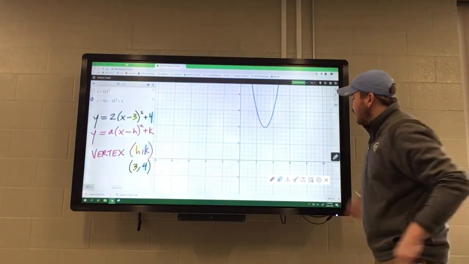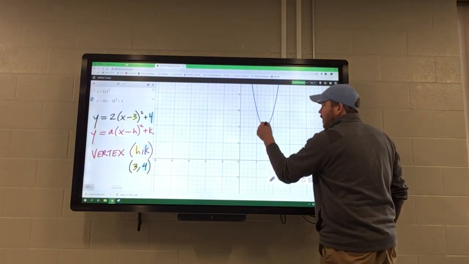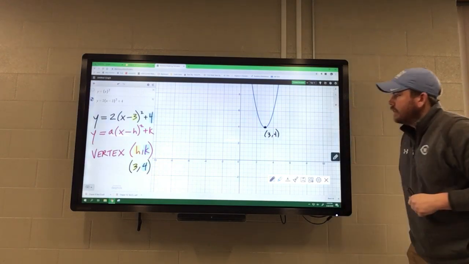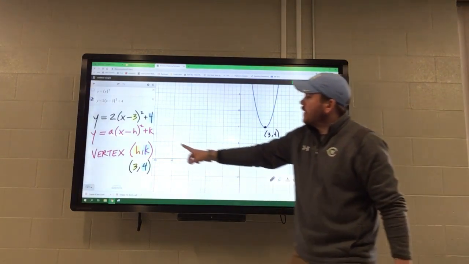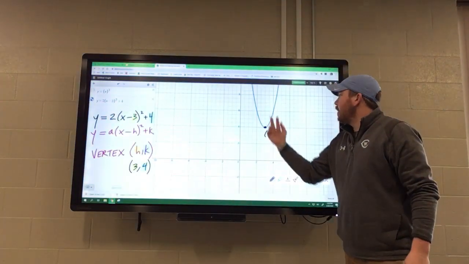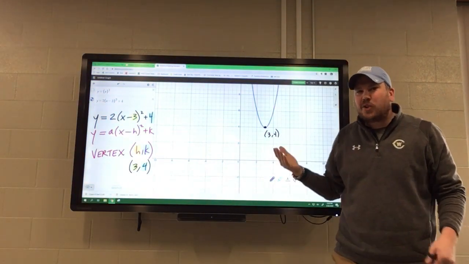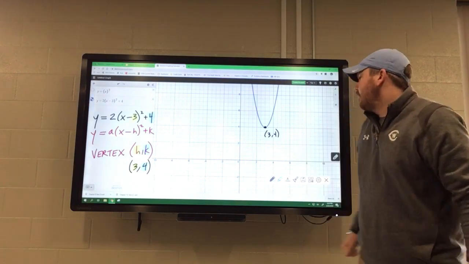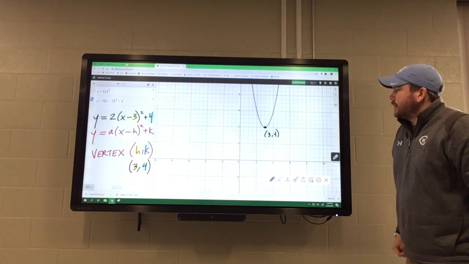And you'll notice here that the vertex of the graph that they gave me is at 3, 4. Alright? And then I can look at the a value and I can say, alright, it's a positive 2, which means I will open up, and since it's greater than 1, it'll be a little bit more narrow than our normal parent function.